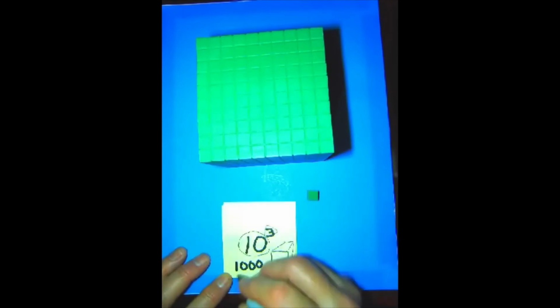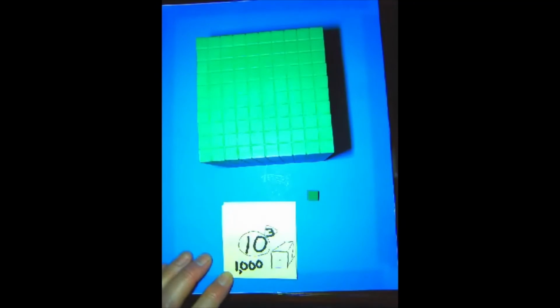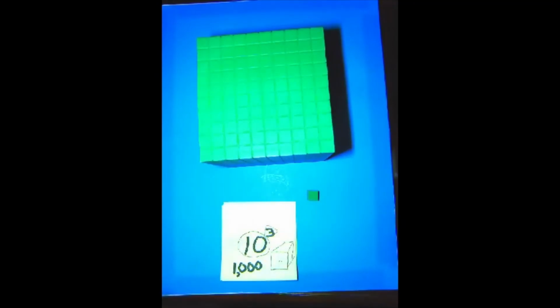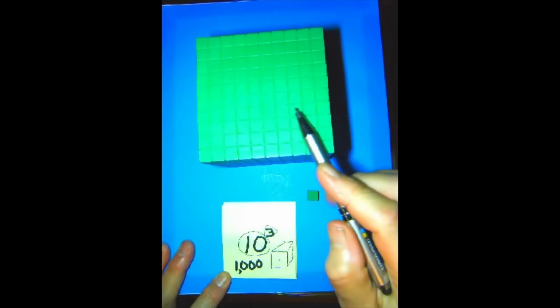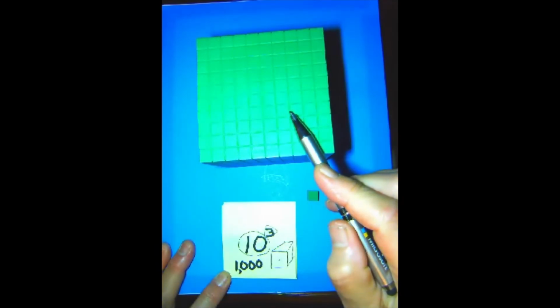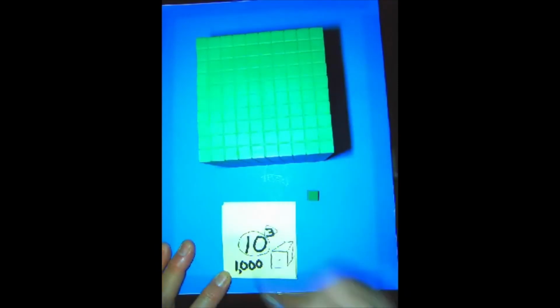Well, one of the ways we tell them apart is we put a comma. And so now we know that we are talking about 1 here, but 1 what? Well, 1 of the 1,000 cubes.